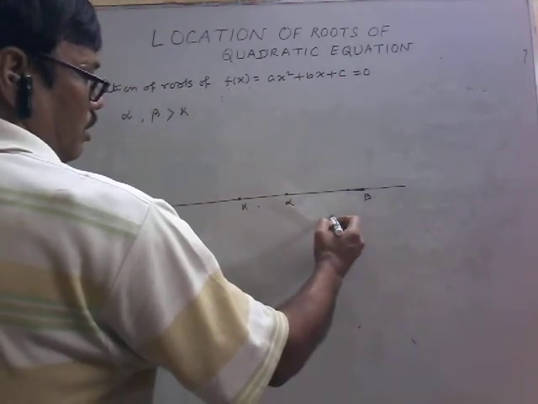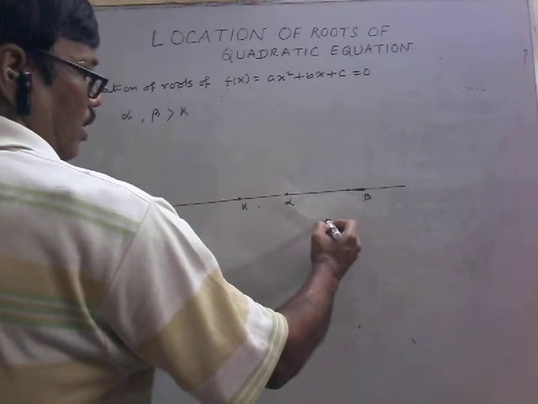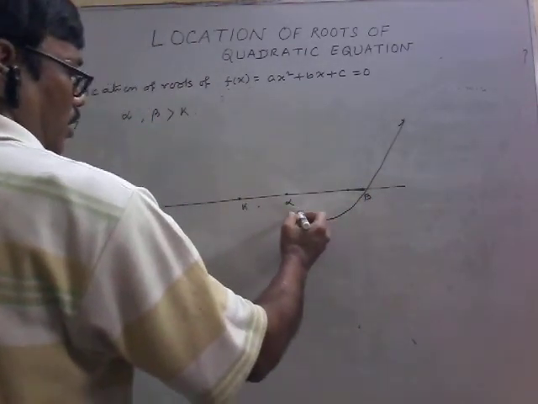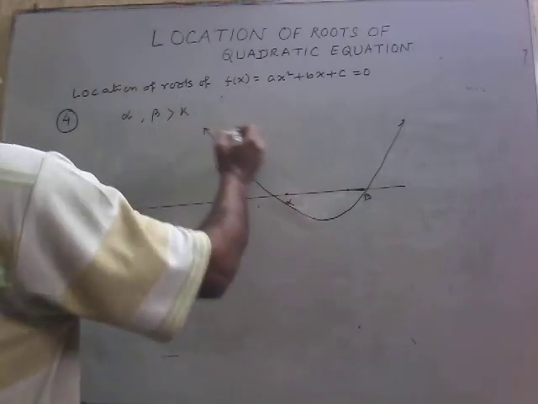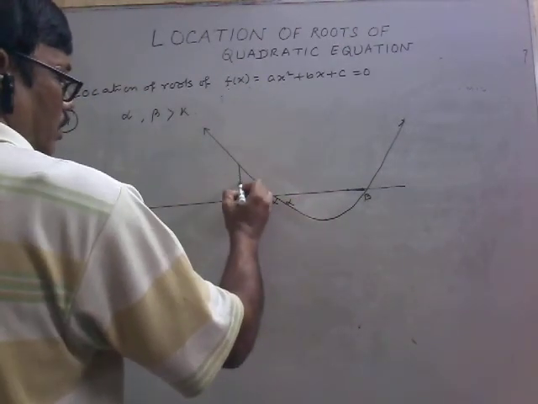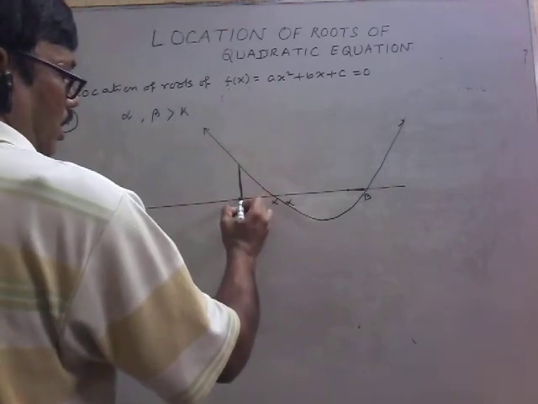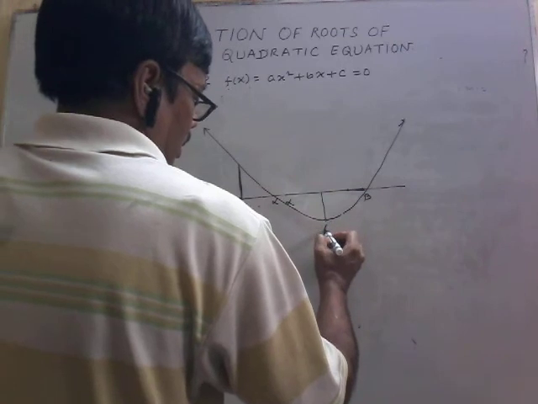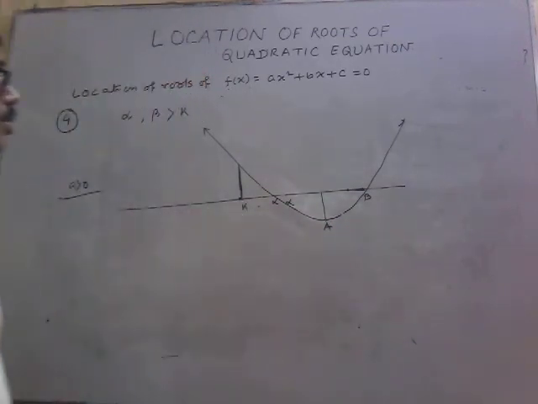The figure will be like that. So suppose this is alpha, this one is fk, this is vertex a. So this is for a greater than 0.